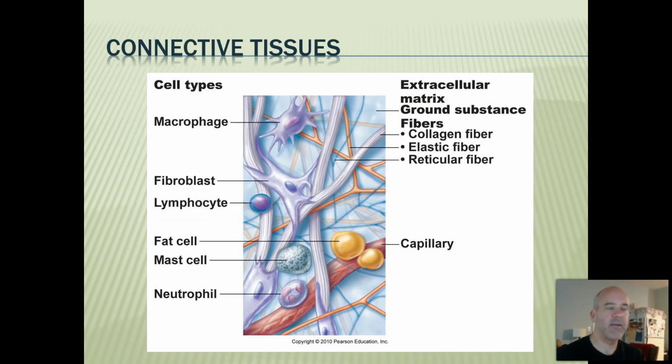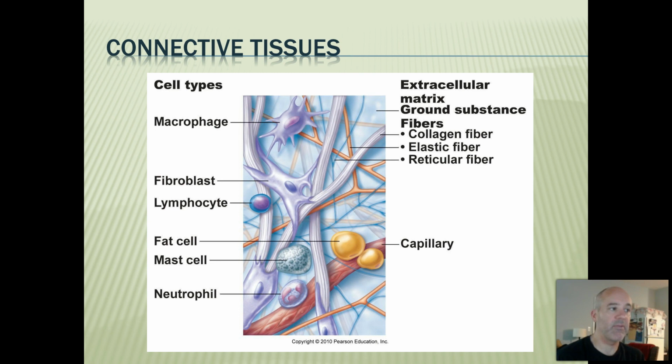Okay, then in your connective tissues, remember this is a generic diagram of a connective type of tissue, and this is supposed to represent areolar or loose connective tissue. But the key thing here is, when you're thinking about connective tissues, most connective tissues have the components in them that you see here, and so you want to be able to recognize these components and know what their jobs are.